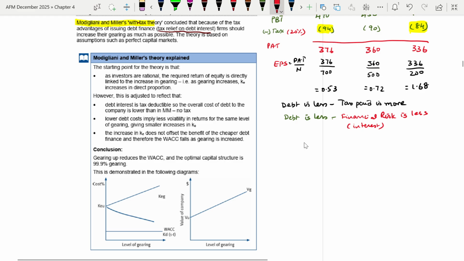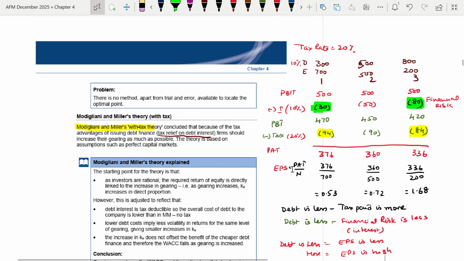If the debt is less, what has happened? The EPS is less. If the debt is more, EPS is high. This is not there anywhere in the textbook.